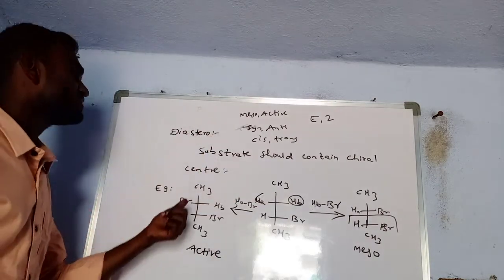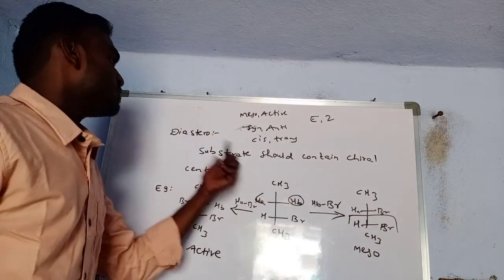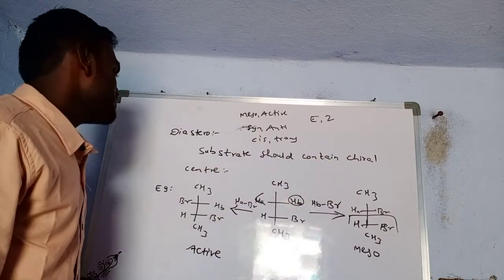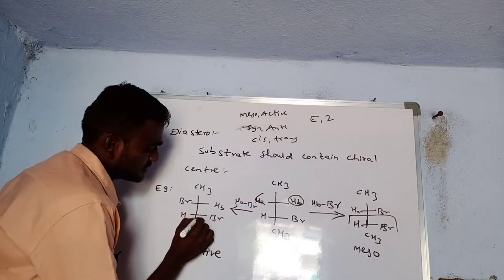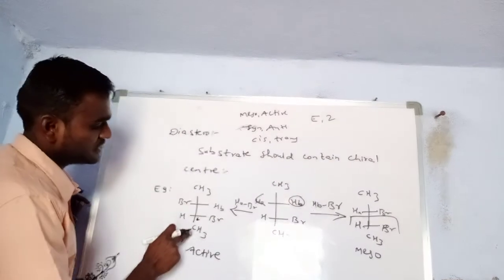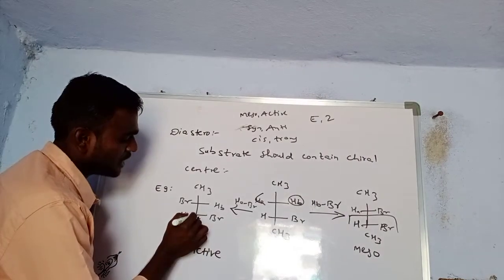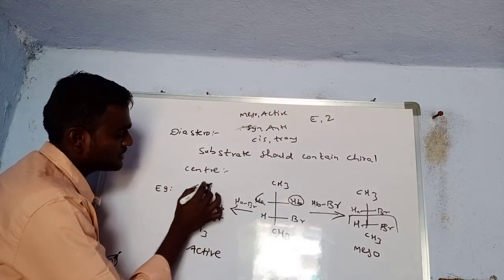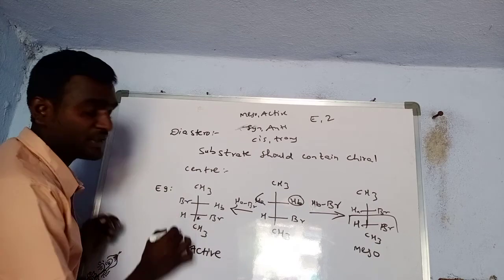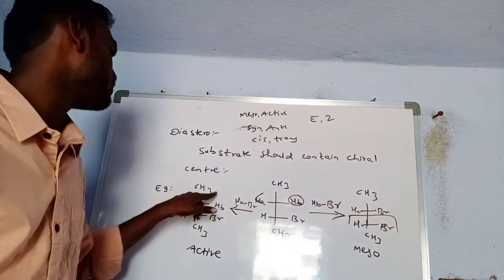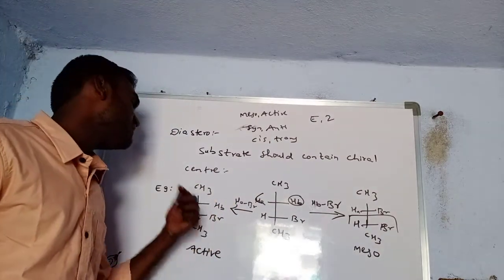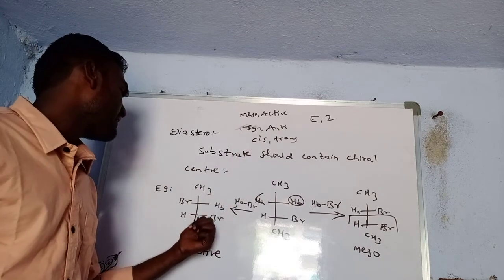Once again, the substrate should contain a chiral center. First, this is the chiral center. For this molecule, this carbon is attached to four different groups: bromine atom, hydrogen, CH3, and this whole group. The substrate should contain a chiral center.